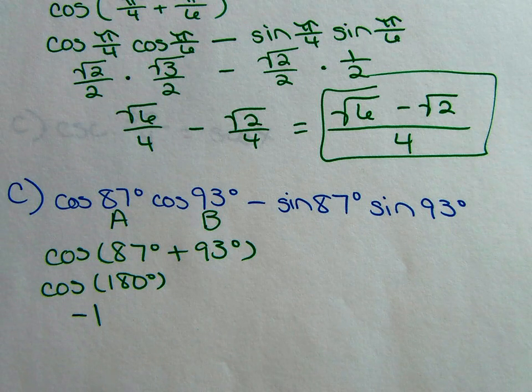In my notes, for some reason, I wrote 1, but it's -1. Any questions on how we are going forwards or backwards with these? Again, no decimals. Okay?